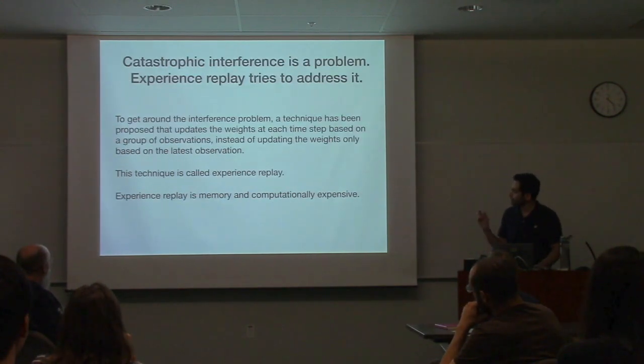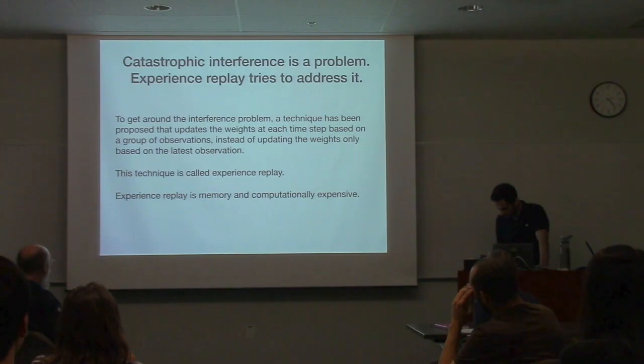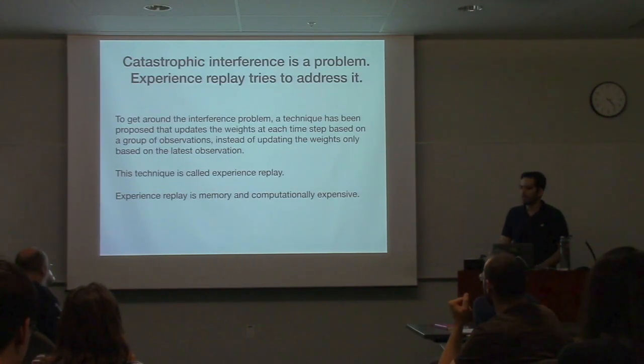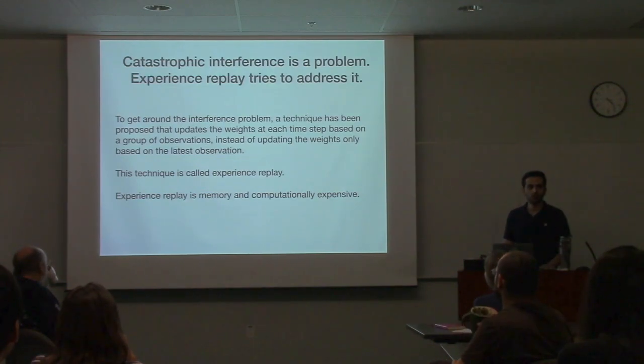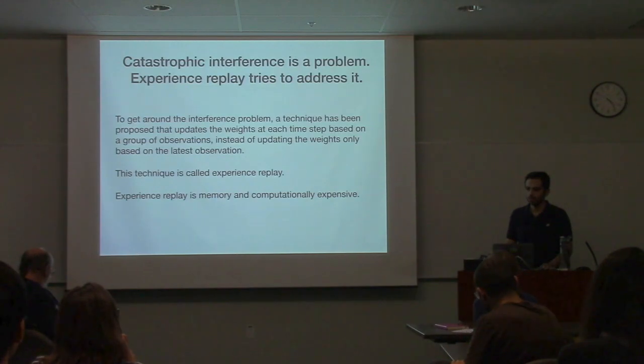And researchers have used ways to work around this problem. One of the very popular things that researchers do is use a group of samples, a group of observations, to update the weights instead of using the last observation to update all the weights.